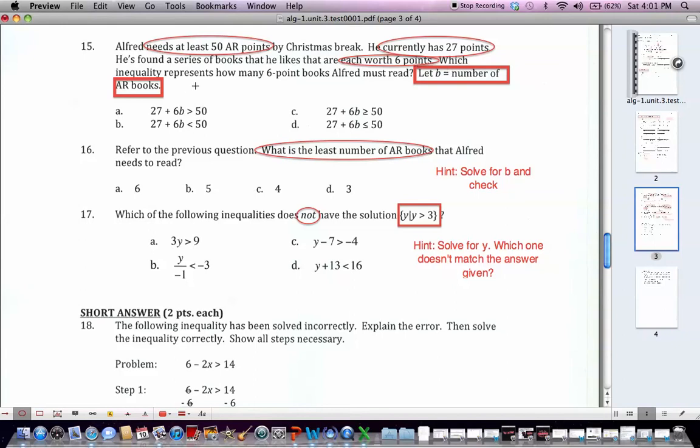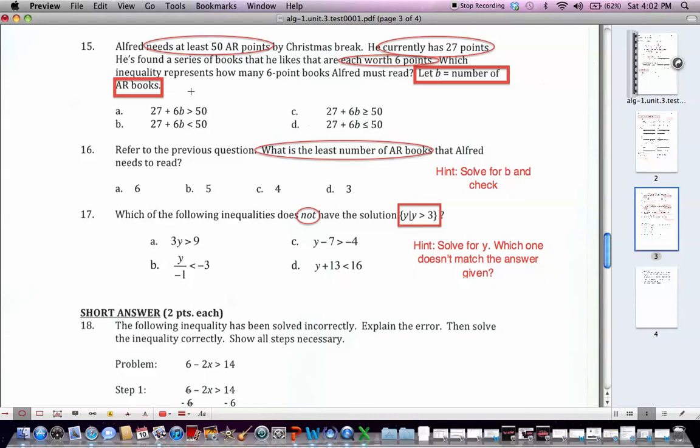Which inequality represents how many 6-point books Alfred must read? Let B equal number of AR books. Okay, so he needs at least, here's a key word, at least 50 AR points by Christmas. He already has 27 points, okay? He's found a series of books that he likes, and they're each worth 6 points, okay?